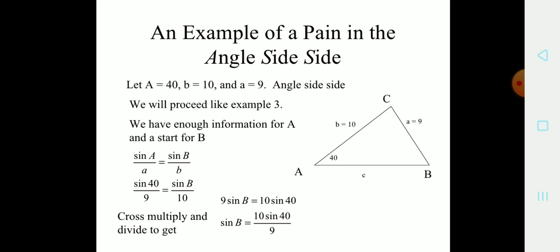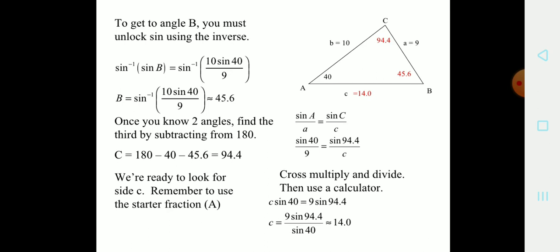Cross multiply and divide: 9 sin B equals 10 sin 40, so sin B equals 10 sin 40 over 9. To get the angle B, you must unlock sin using the inverse. So sin B equals 10 sin 40 over 9.